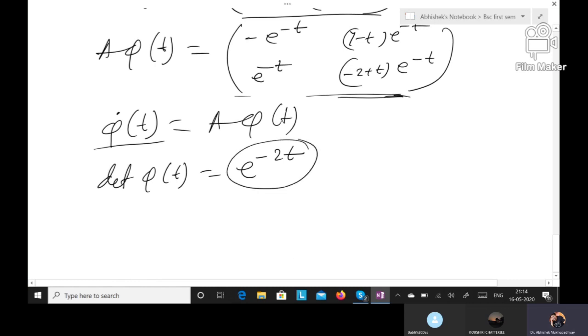Since it is an exponential function, the value will never be 0; it is greater than 0 for all t belonging to R. So this confirms that phi is a fundamental matrix, and this is true for any t, not only a particular one.